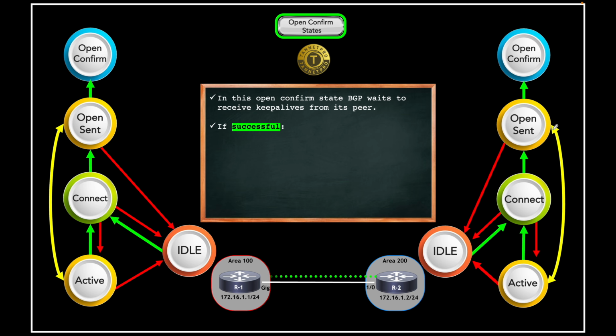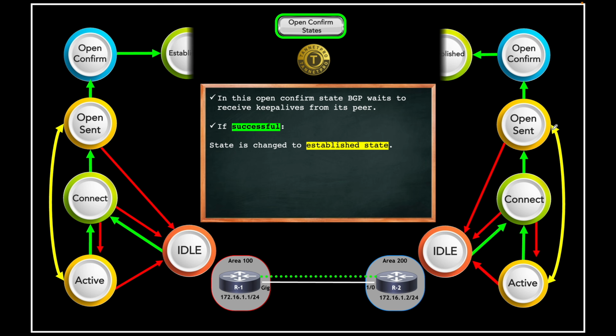Now, if the keepalive is successfully received, what will happen? The state changes automatically to established, right? Only one thing happens over here. It waits for the keepalive message, and if it is successfully received, it changes state from open confirm to established.